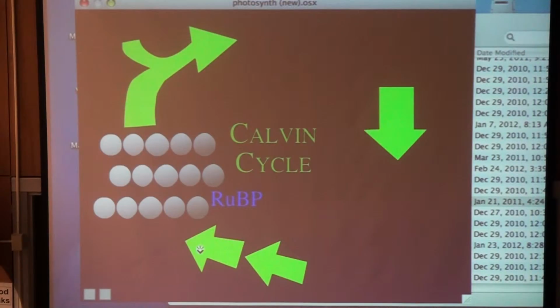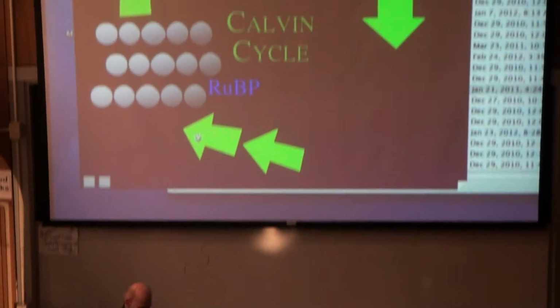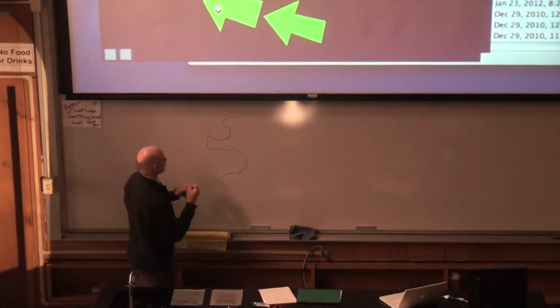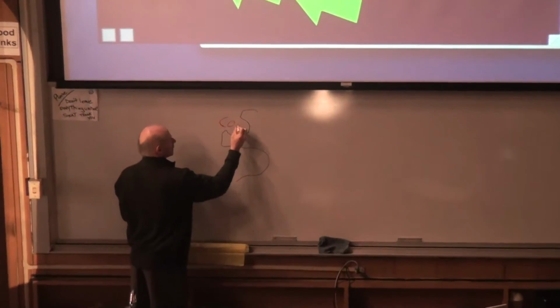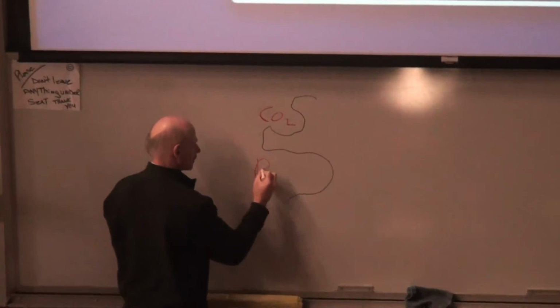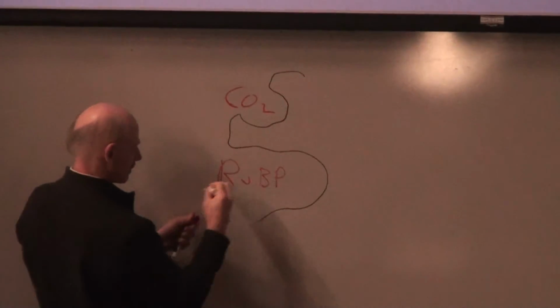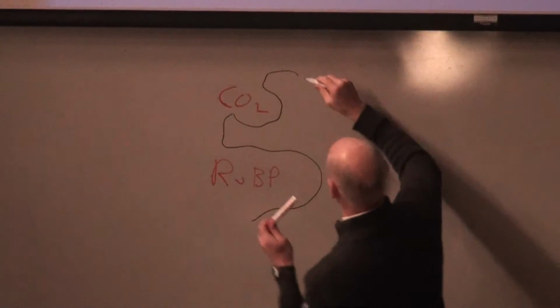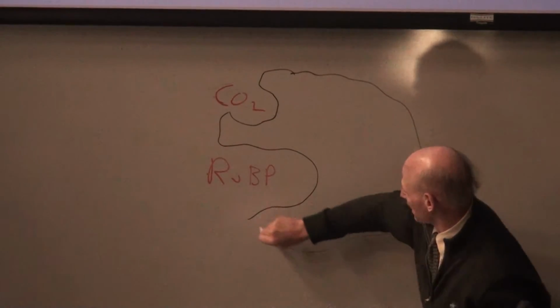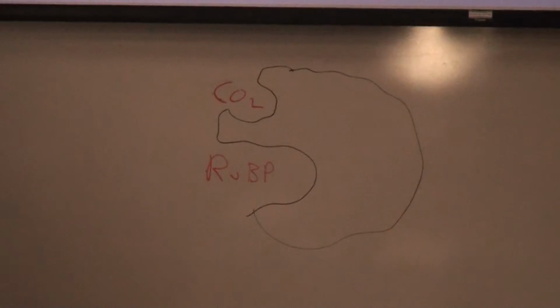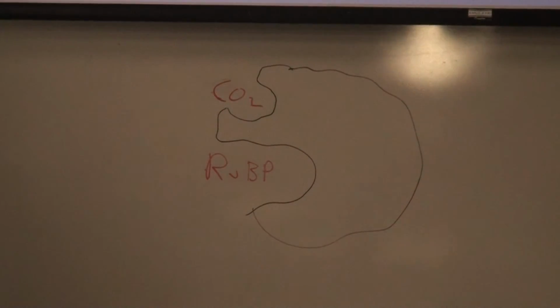Maybe I'll use different colors here. So this black blob is that first enzyme. It can grab a carbon dioxide, it can grab an RuBP, it has binding sites for both.